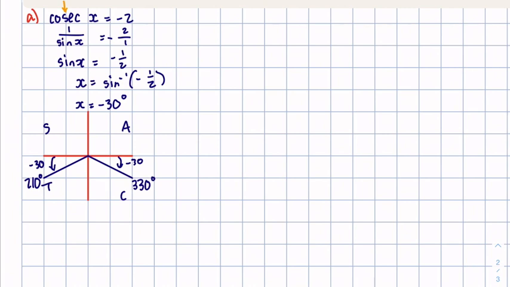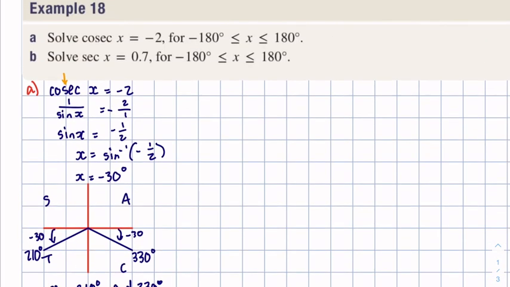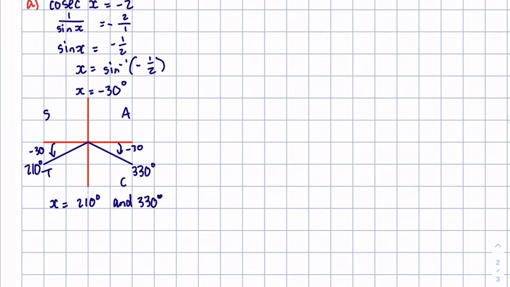Okay, so we know we're at x equals 210 degrees and 330 degrees, but we've been told between minus 180 and positive 180, so to get there, we're going to have to subtract 360.